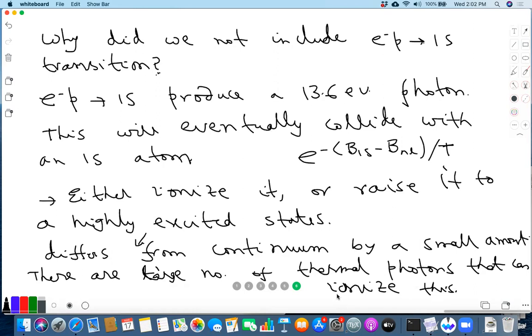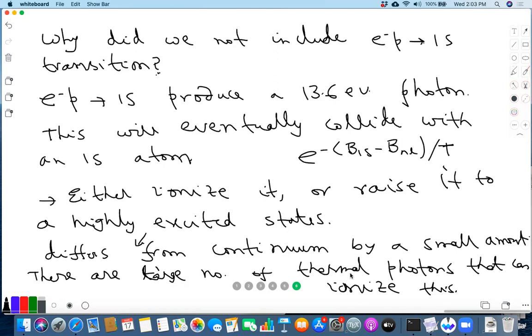The fact that it will ionize it is reflected in the equilibrium distribution: the number of atoms in the highly excited states is very small, right? Because of this Boltzmann suppression factor. The physics behind that is precisely this, that there are a large number of thermal photons which can ionize it, and it will ionize it at a low temperature like that.